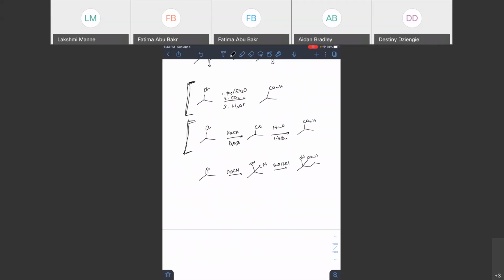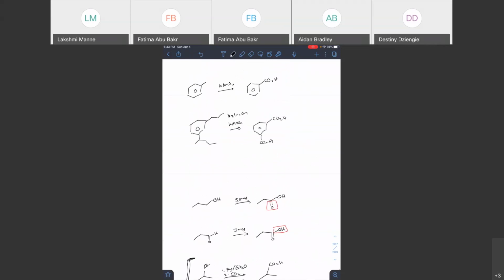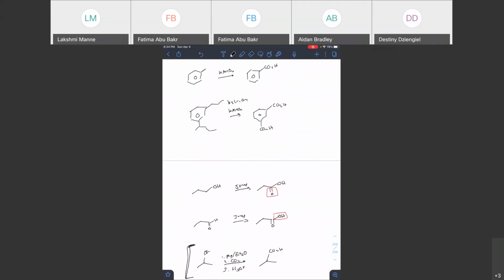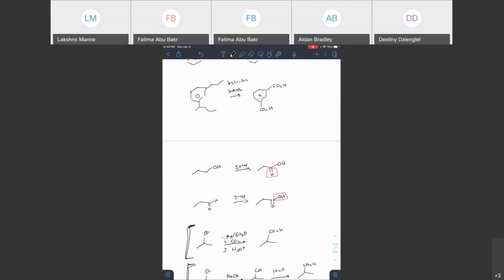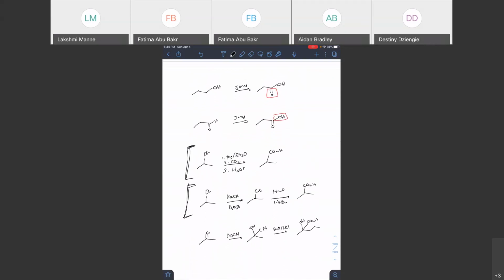Okay, are there any questions about all these methods that we just talked about? We kind of started back at the beginning with our KMnO4, which is useful if you have a benzene ring. And then we went on to Jones, the two ways to make a carboxyl or an acid from Jones.